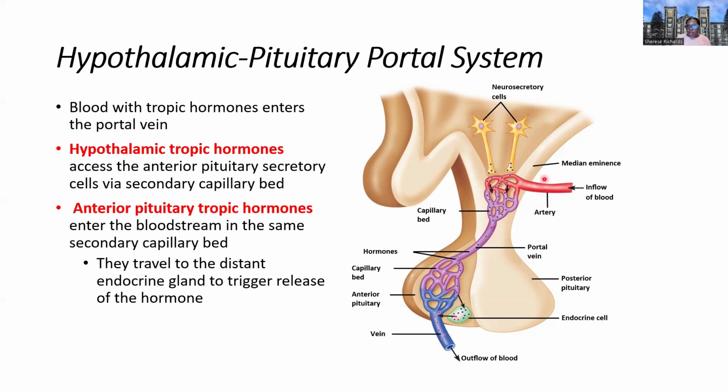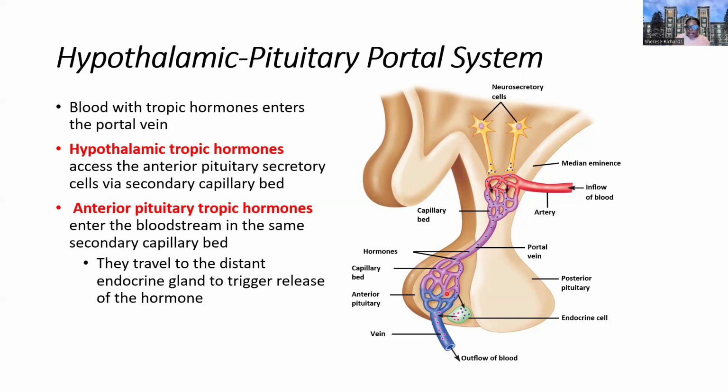So an example of this axis is thyroid hormone. For example, we have TRH, thyroid releasing hormone, which is the hypothalamic trophic hormone. Okay, so TRH is released from the hypothalamus. It travels to the anterior pituitary, and it tells the anterior pituitary to release TSH, which is thyroid stimulating hormone.